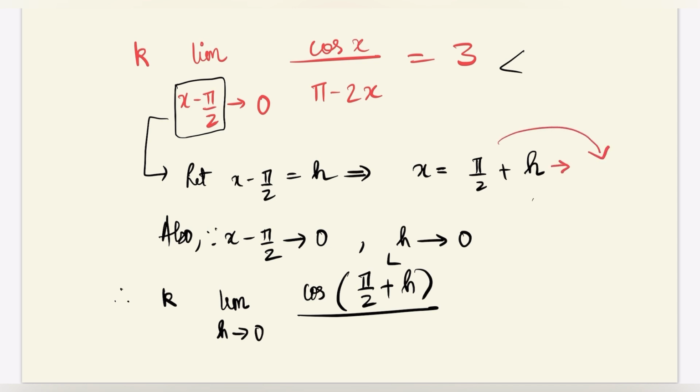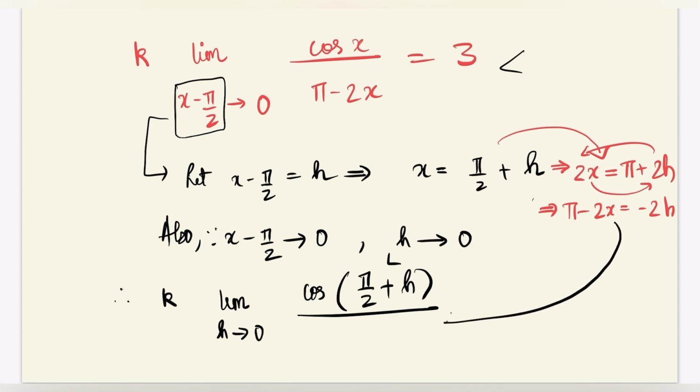If I multiply 2 throughout, I get 2x is equal to pi plus 2h, which means pi minus 2x is going to be minus 2h. You just have to swap the positions of 2x and 2h. So the value of pi minus 2x is minus 2h, which I plug in over here, and that is equal to 3 as earlier.